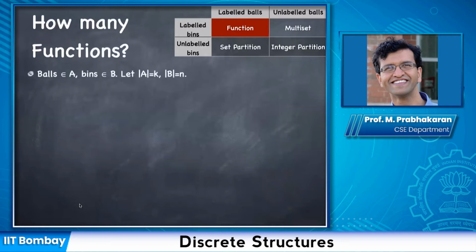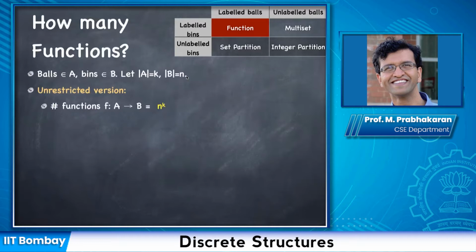Okay, so just to recap then, if k is the number of balls and n is the number of bins, where there are n distinct elements, you can simply count the number of functions from A to B as n to the power k, and that is the number of different ways you can throw the balls into the bins.